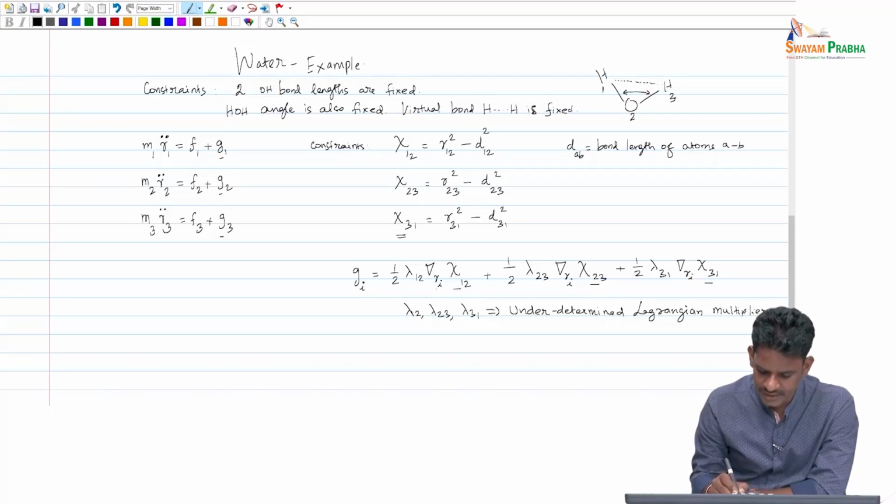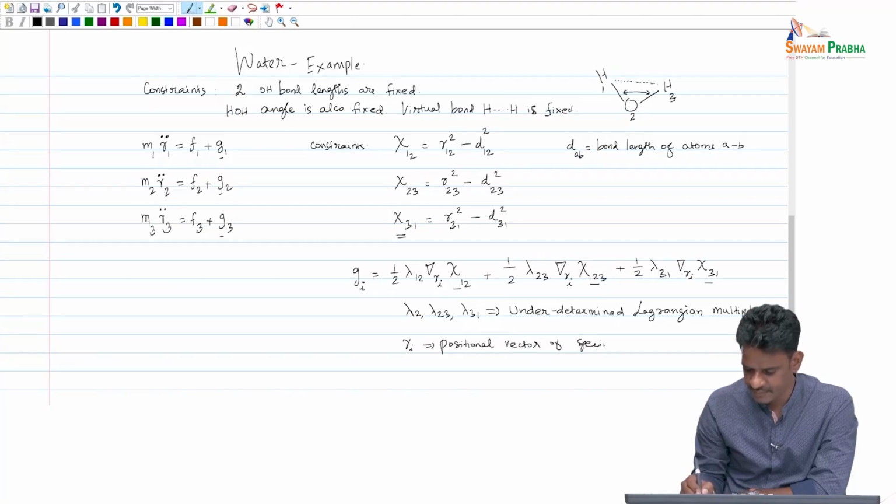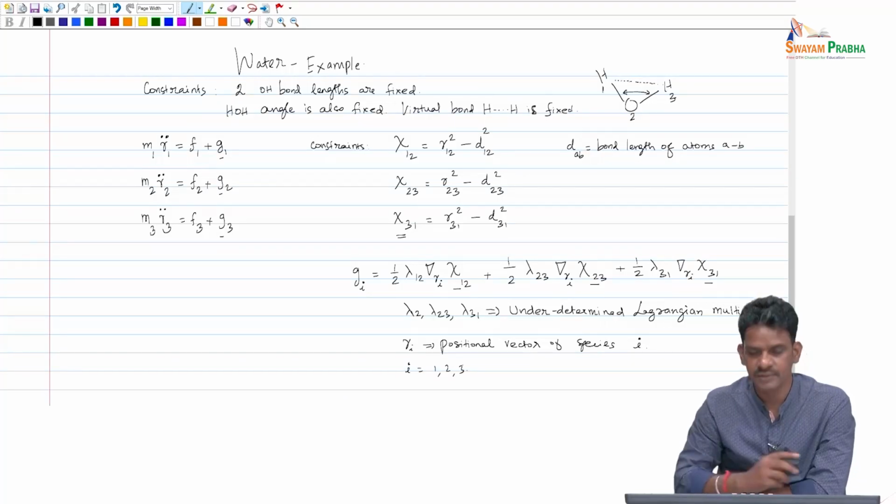And here these are the derivatives with respect to the position of each of these atoms, Ri. So this Ri is the position vector of species I. Remember, this I can be either 1, 2 or 3.